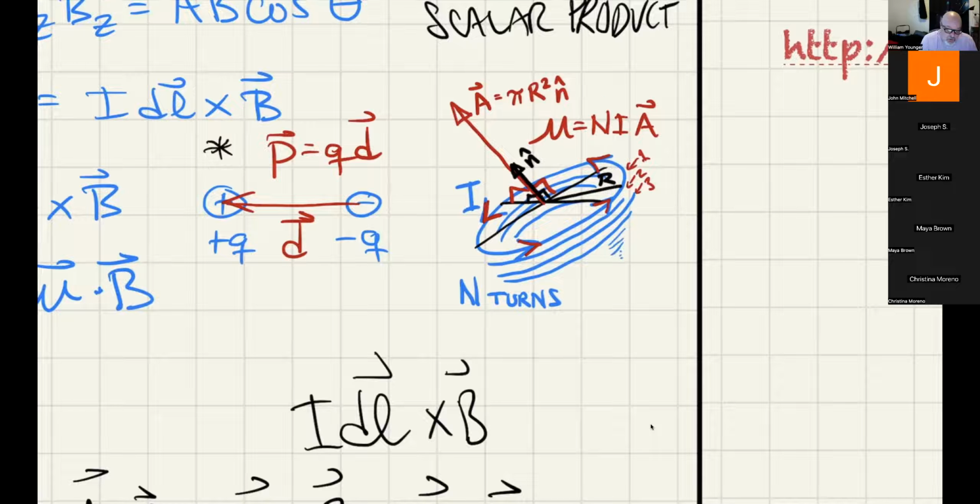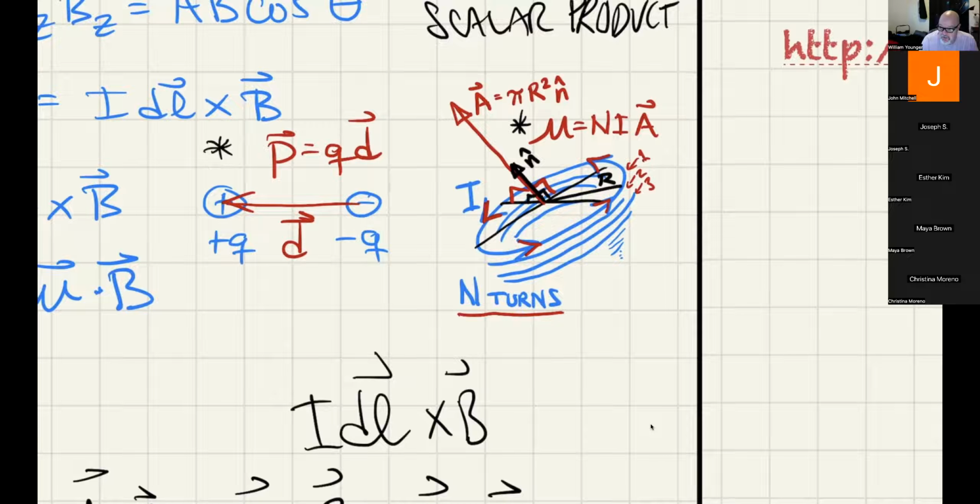So in other words, we have ultimately N turns of wire. If that's the case, then the magnetic dipole moment is N, the number of turns, times I, the current, times A, the area, and we represent it by a vector.